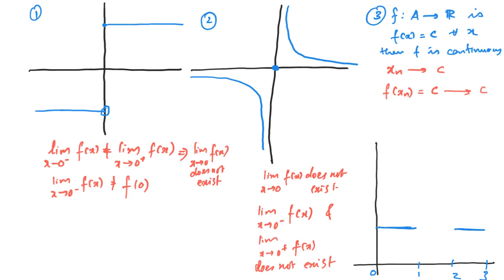The next example is the function f from A to R, where f of x is equal to x. Again, the A is arbitrary here. And also, this is a special case of a function that we had seen earlier.